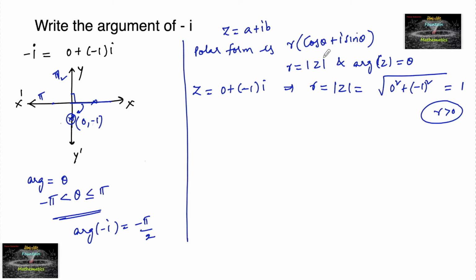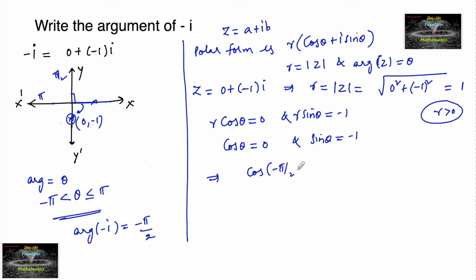Now comparing the polar form with the given complex number, we have r cos theta is equal to 0 and r sin theta is equal to minus 1. Since r is equal to 1, cos theta is equal to 0 and sin theta is equal to minus 1. This is possible for theta equal to minus pi by 2: cos of minus pi by 2 is equal to 0 and sin of minus pi by 2 is minus 1.